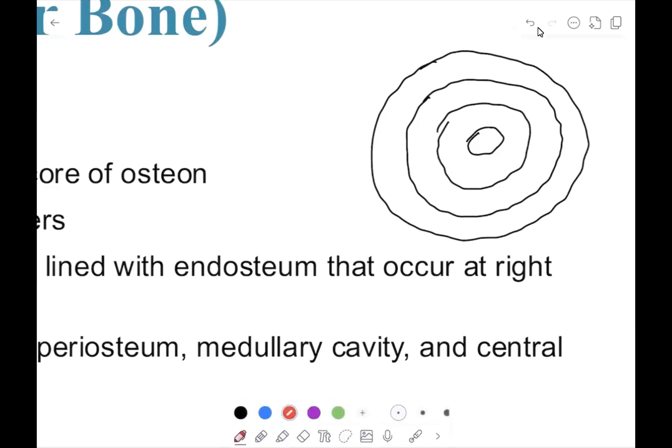The bullseye is going to be the central or the haversian canal. Each of these rings, so for example, if I highlight the outermost ring, it doesn't matter which one, all of these rings are going to be referred to as lamella, or lamellae for plural.